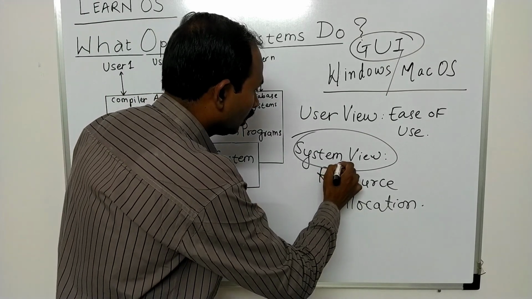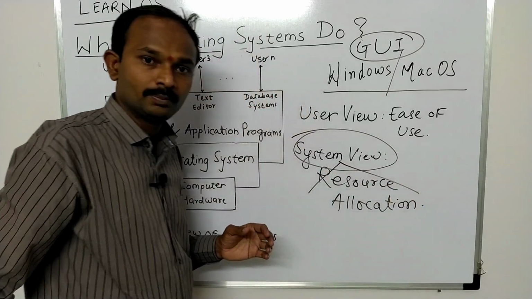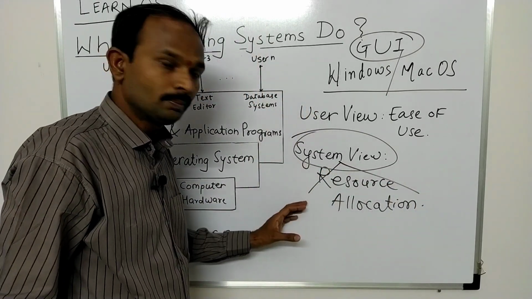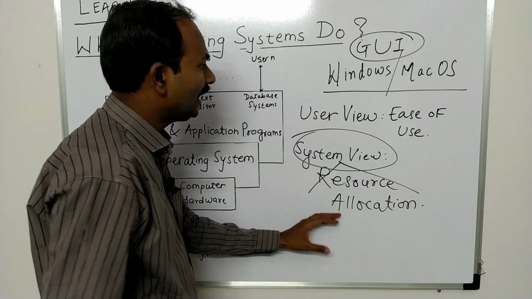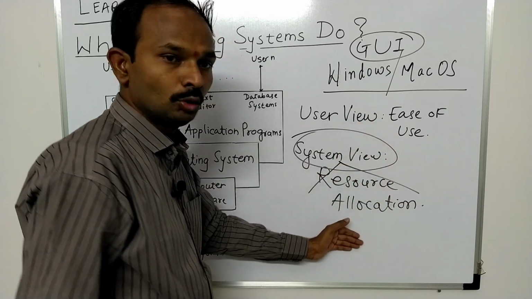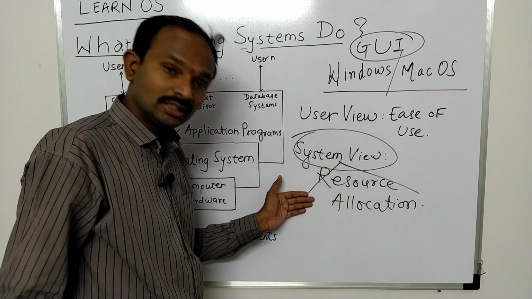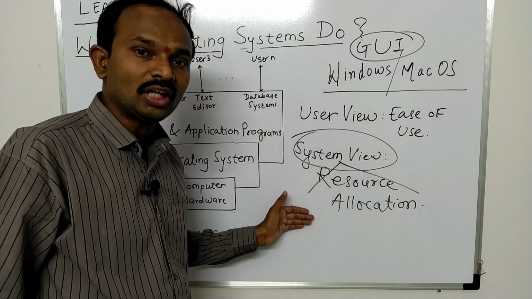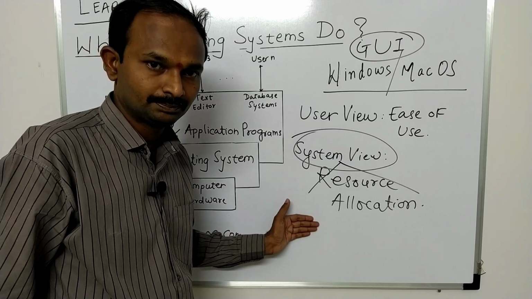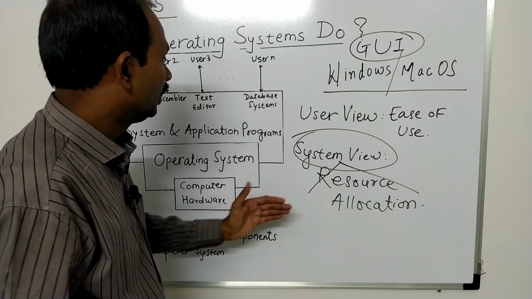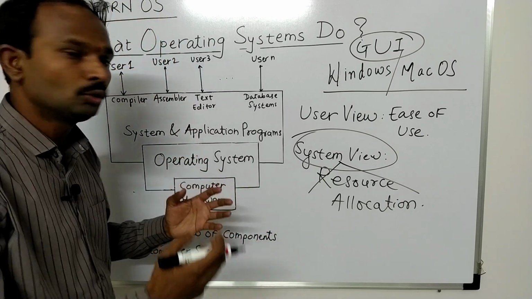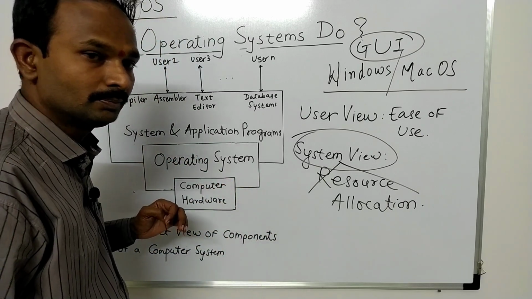So the system view is broad, and in the system view it works as a resource allocator. And by considering both of these two views, the user view and system view, the operating systems are designed, they are developed. And in this particular fashion, we can take an overview of operating system.